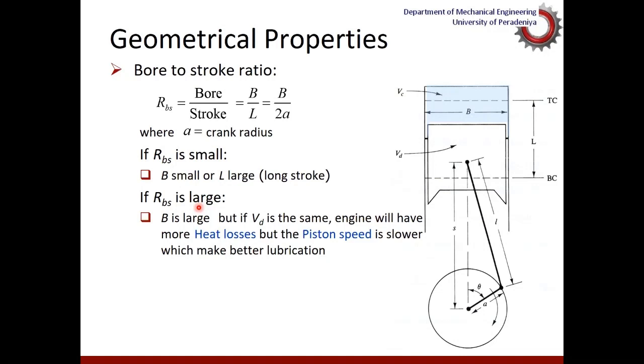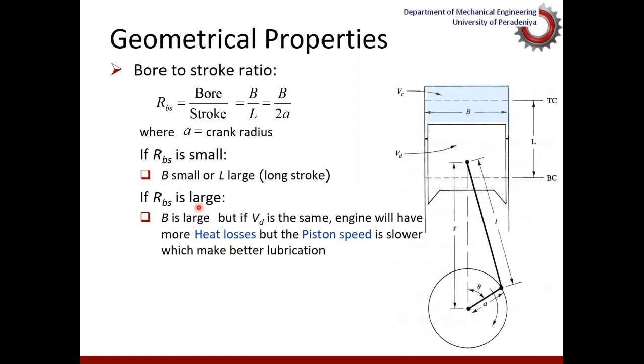Now, if the surface area is large, then of course the heat transfer, which is directly proportional to the area where the gases are in contact, will be large. So if the area is large, then the heat losses will be large. So surface area to volume ratio is another parameter that we need to look at in engines to maintain the heat losses at a manageable level.